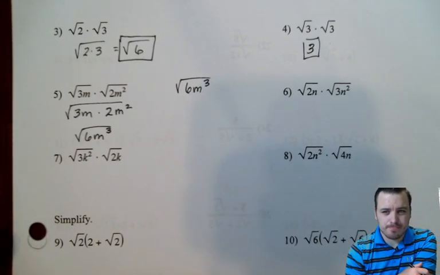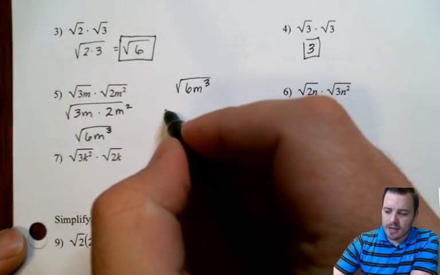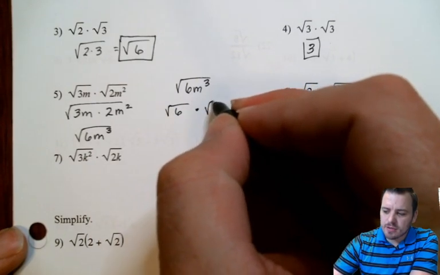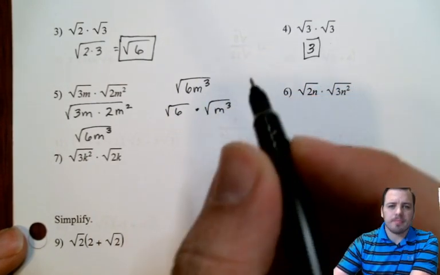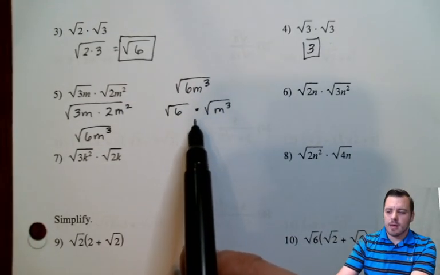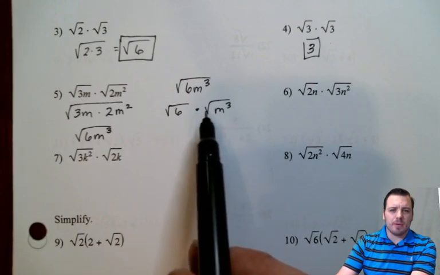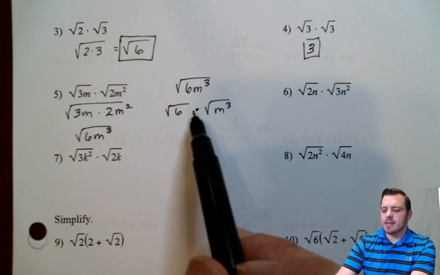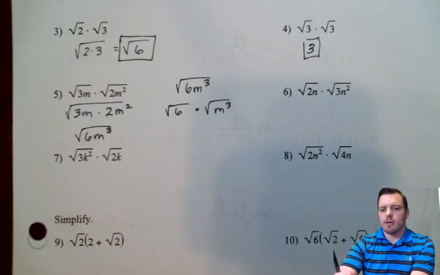It could look like this: the square root of 6 times the square root of m cubed. That's just me separating it, guys. Don't freak out on me. And then notice here, 6 times m cubed.